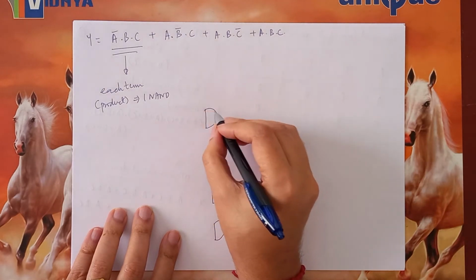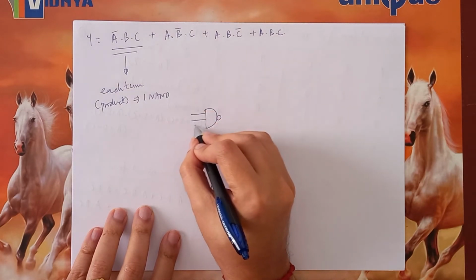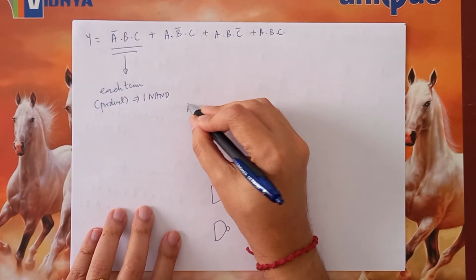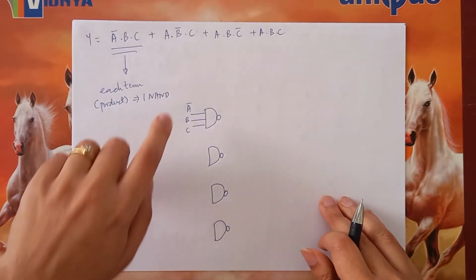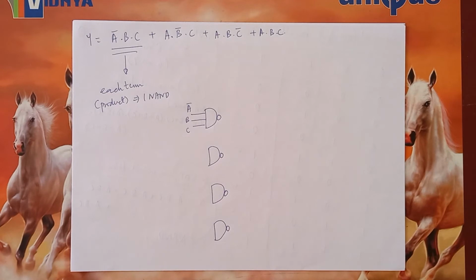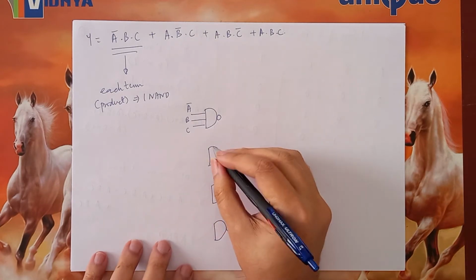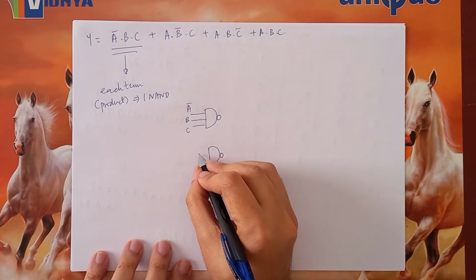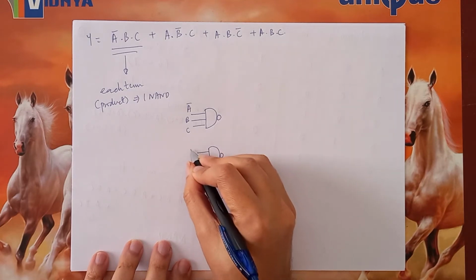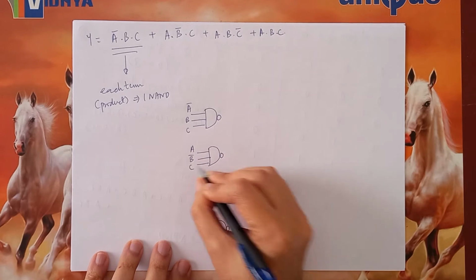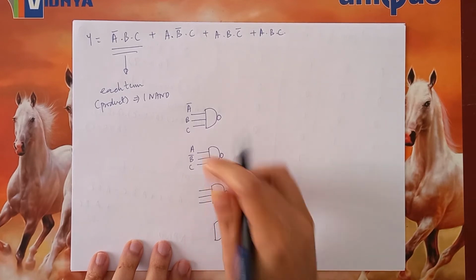And the inputs will be A bar, B and C. Now how A comes from A bar is not a concern. You can use one more NAND gate if needed, but that's a separate deal. Then you have A, B bar, C for the second term.